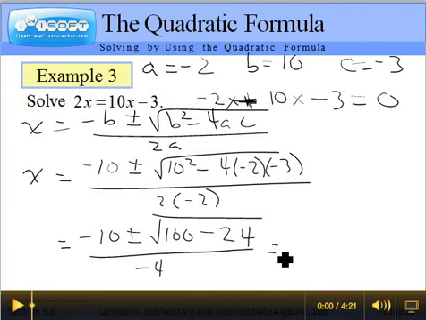So this would be -10 plus or minus the square root of 76 all over -4.